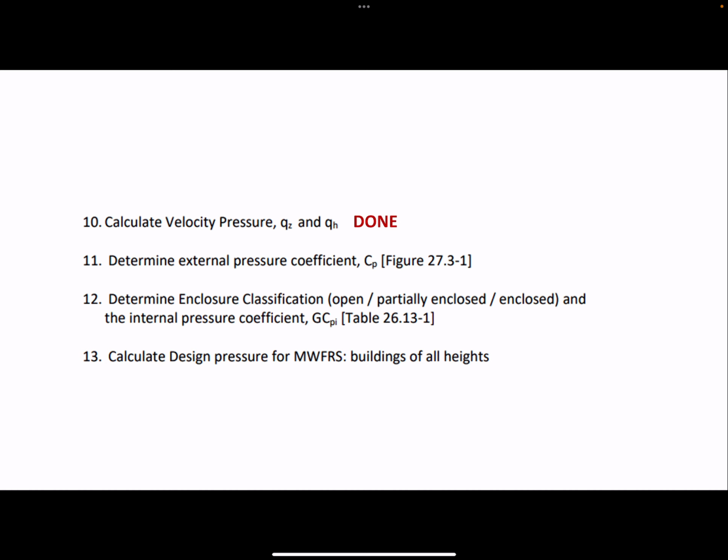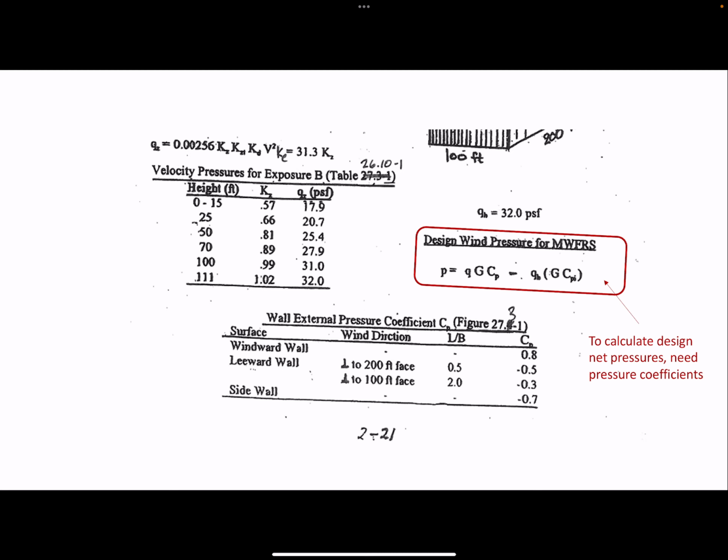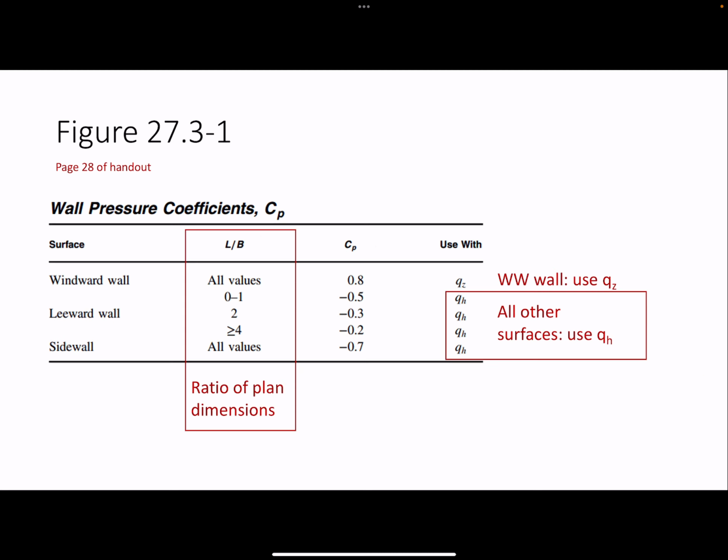The next step would be to determine the external pressure coefficient. The reason we need that external pressure coefficient is in order to calculate the design net pressures, which subtract the internal pressure from the external pressure. So for our external pressure coefficient for the walls, we go to this table right here.